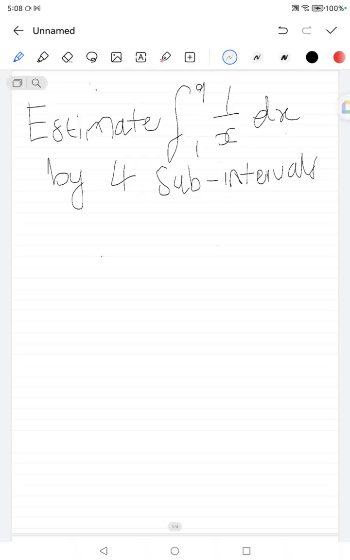In your integral sign, you always have your a at the bottom and your b at the top. So in order to find your delta x, your delta x is given as your b minus a over your n. Then your n is the number of subintervals, which is this 4 here.